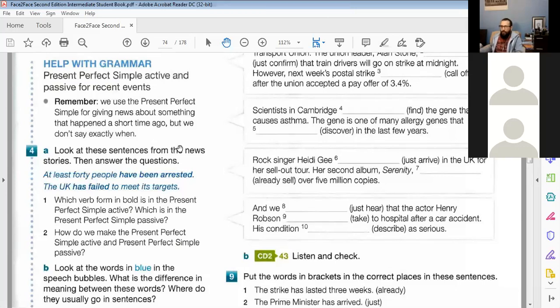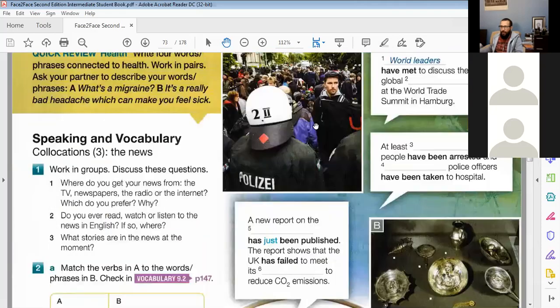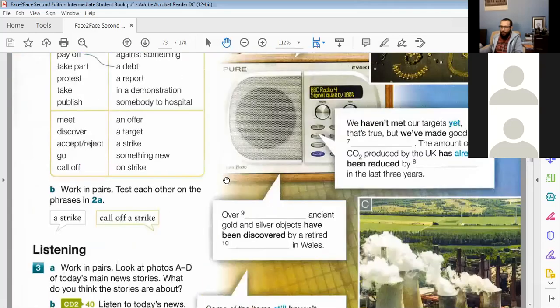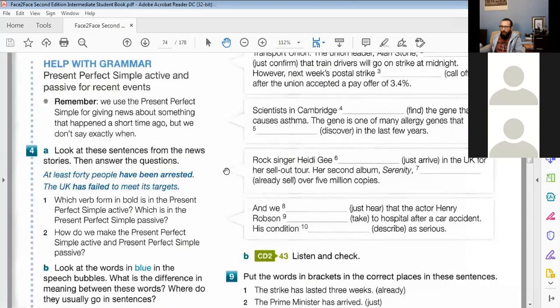So we listened to the news reports and we completed the gaps before the break. Now let's talk a little bit about the present perfect. Of course, all of you know the present perfect. We talked about the present perfect before, and I'm sure you also know the relationship between the present perfect and the past simple.